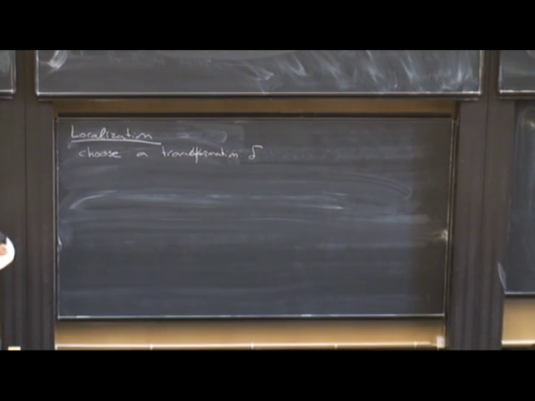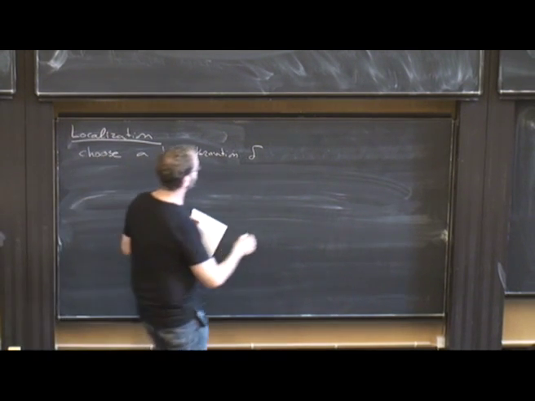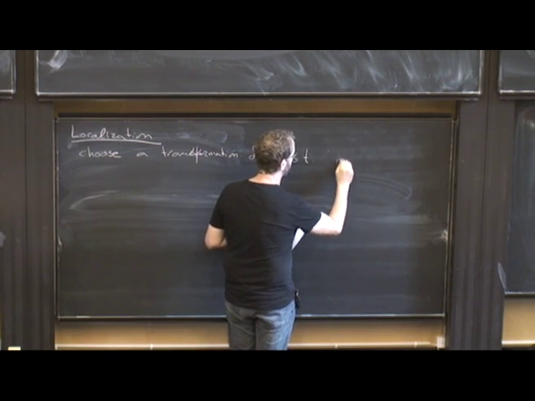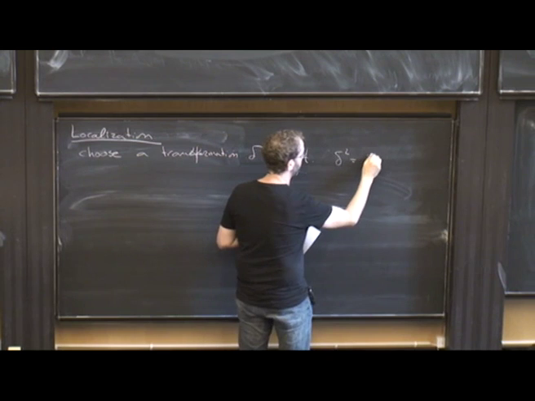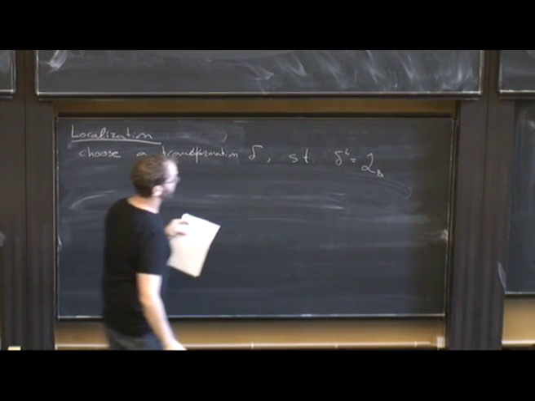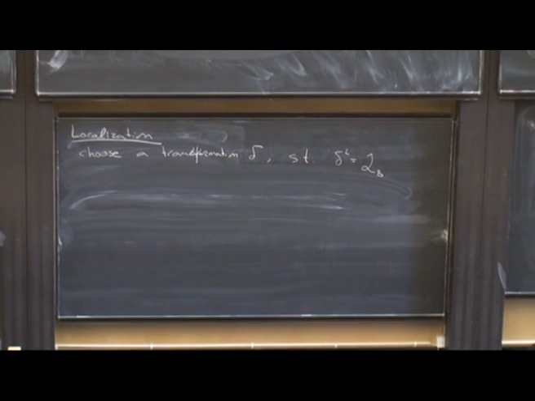So it's some supercharge. It's a fermionic transformation. I'll specify in a bit what that is. And we will require that delta squared is a bosonic symmetry. In the case of S3, it will be a rotation around S3.